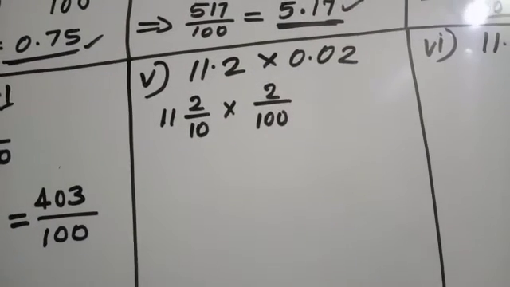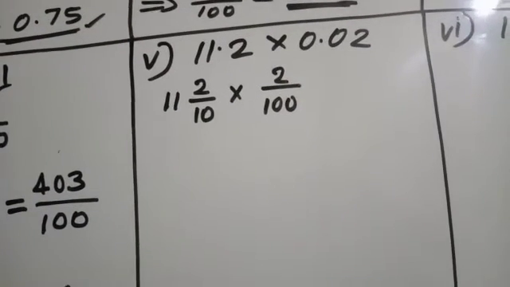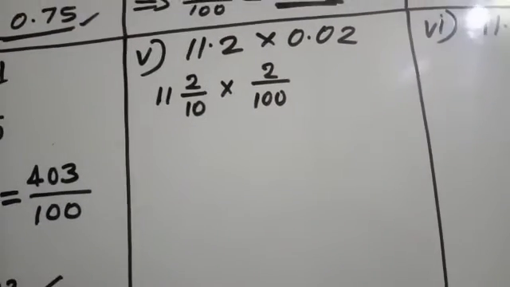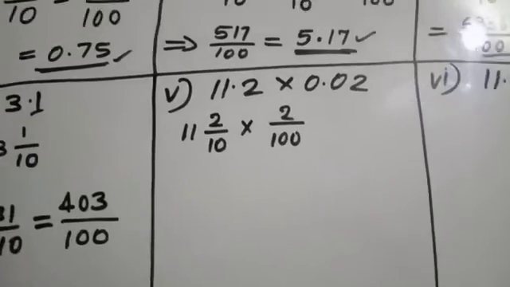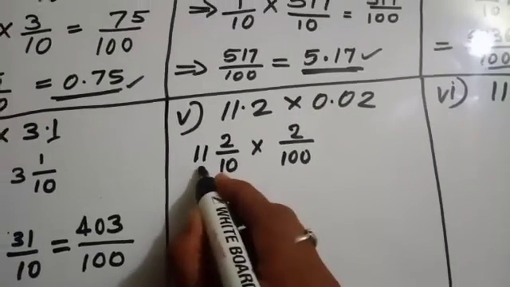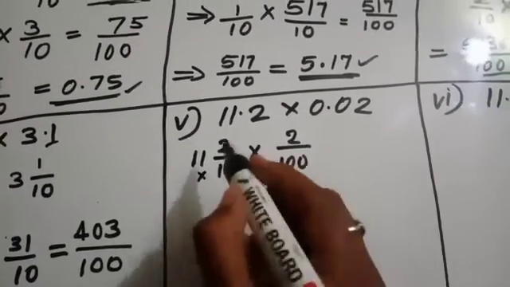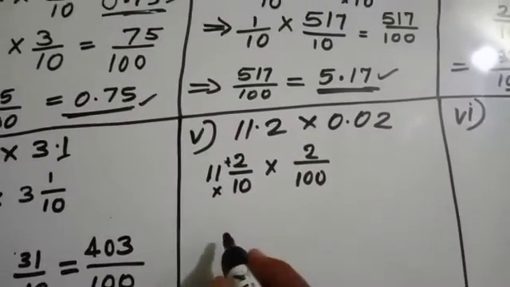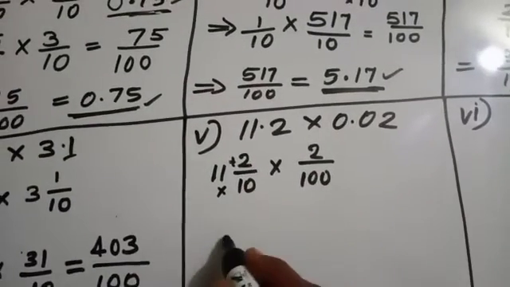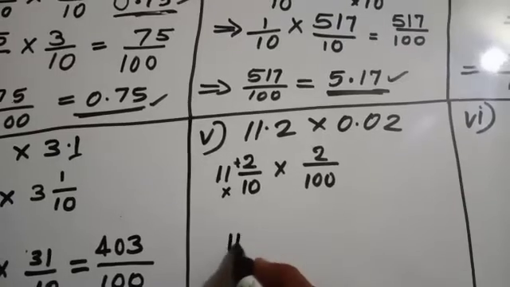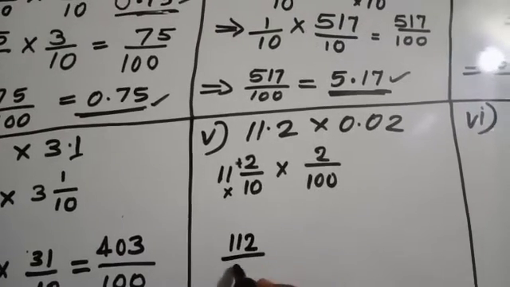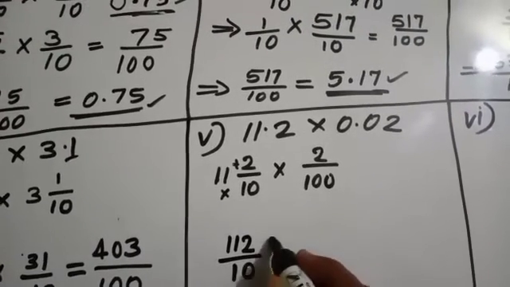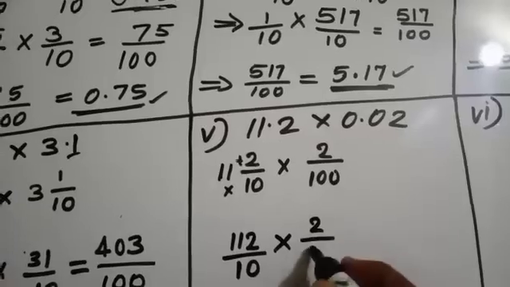Here also we have one mixed fraction. Let us convert into an improper fraction. Here you multiply the denominator by the whole number. After getting that product, you have to add. 11 tens are 110 plus 2, 112 upon 100, and 2 upon 100.